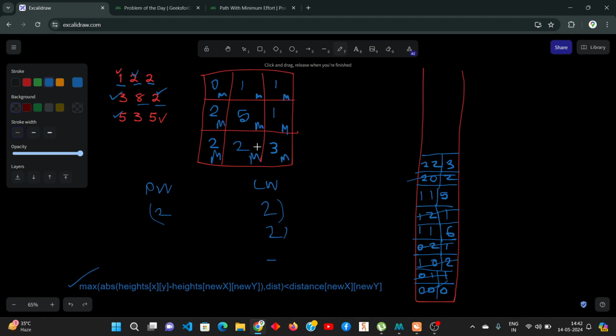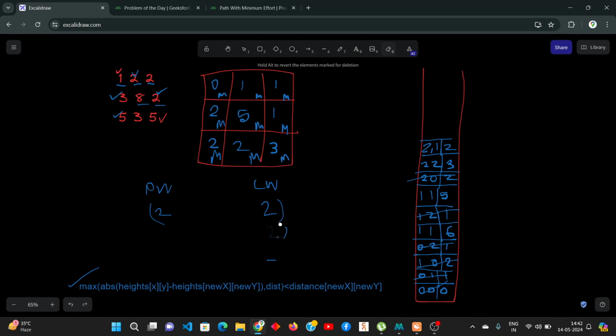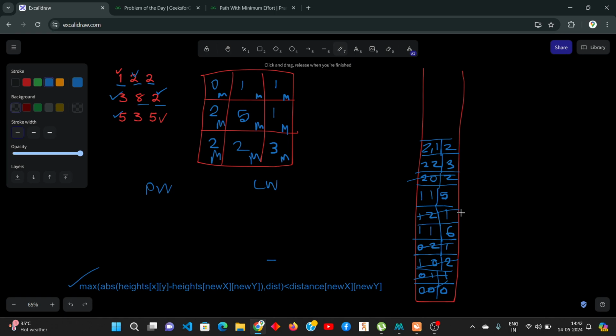So we have to push this one into our queue. So what is the position? That is 2 and 1. And what is the weight? That is 2. Okay. So let us move to the next iteration, and let us check for the minimum one. That is this one. So pop this.